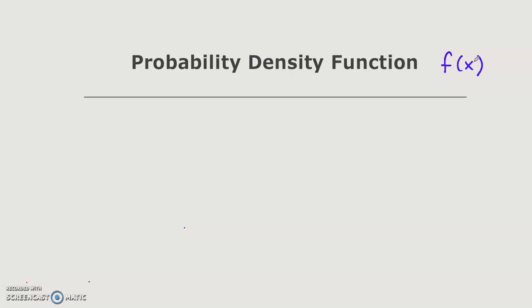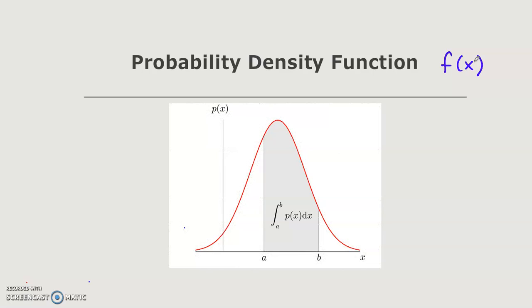And this is an example of what a probability density function curve looks like. The probability that the variable assumes a value within an interval, let's say the probability of x between a and b, is defined as the area under f(x) between points a and b.